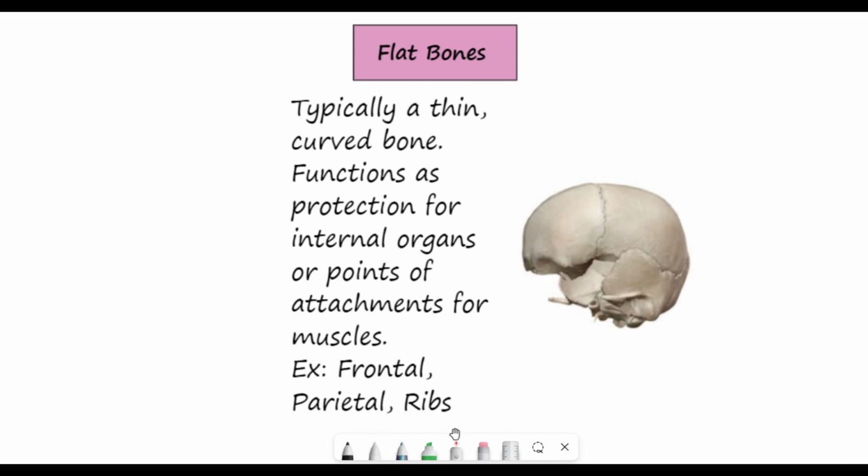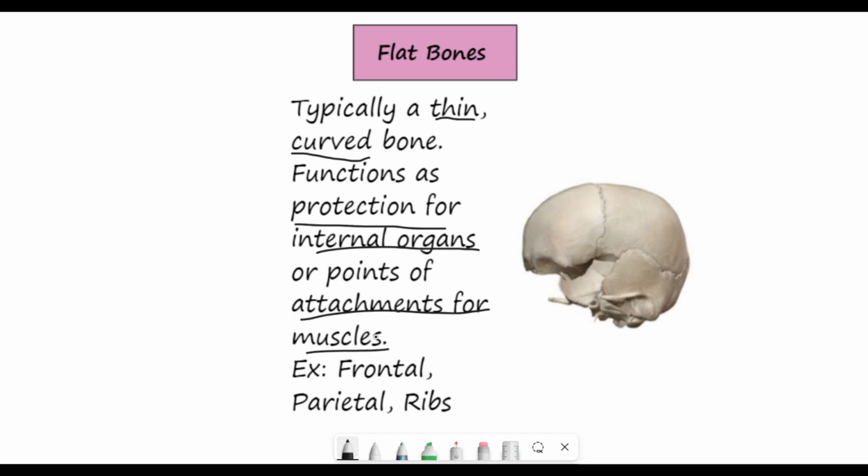And then also your ribs, another good example of flat bones. Your ribs, I can kind of see why you might think they're long bones, but they are classified as flat bones. And I think what you can use to tell that apart is the function here, which is protection for internal organs, or the attachment for muscles.